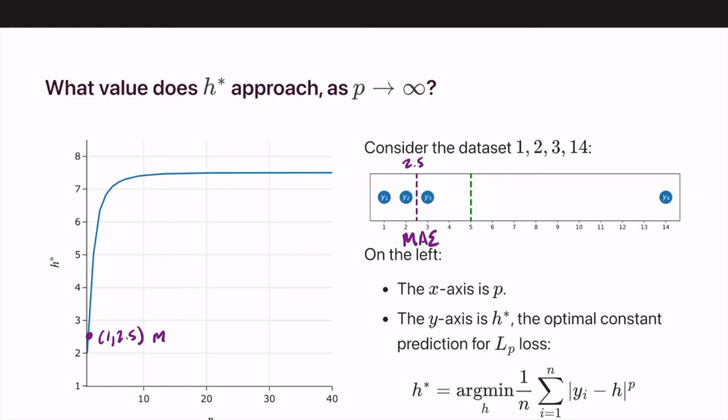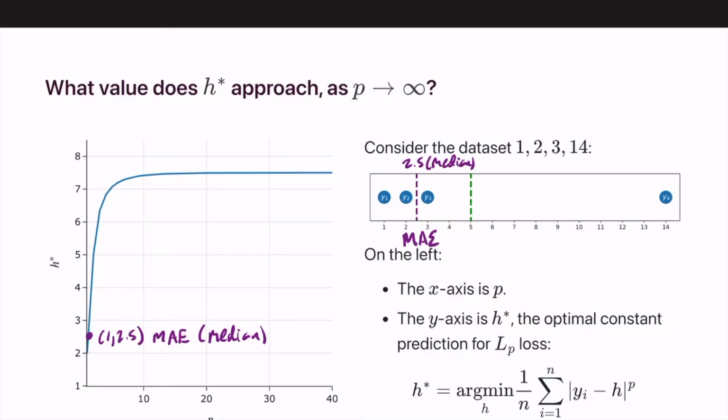And this is the mean absolute error, which also winds up giving us the median of the data set. So this is the median. So let's go ahead and make p be 2.